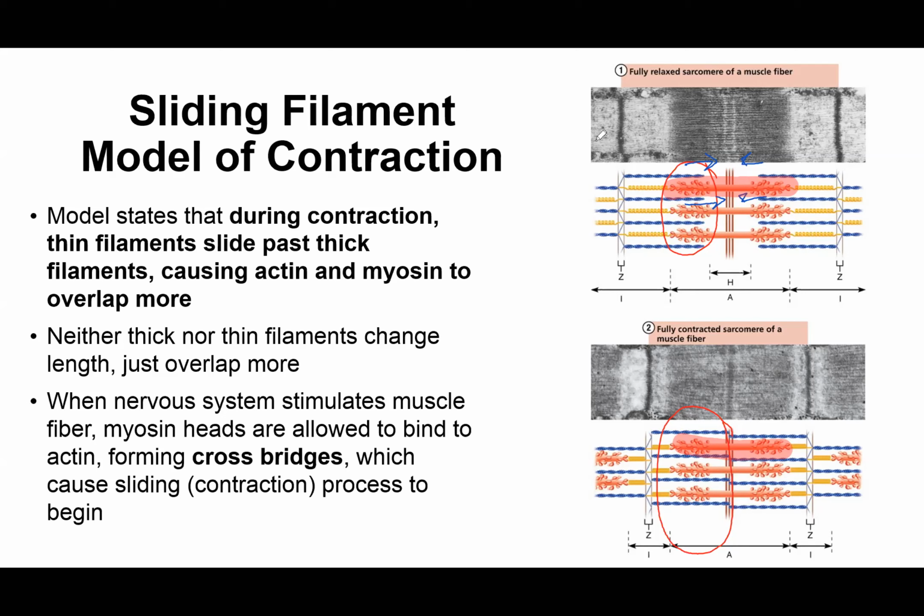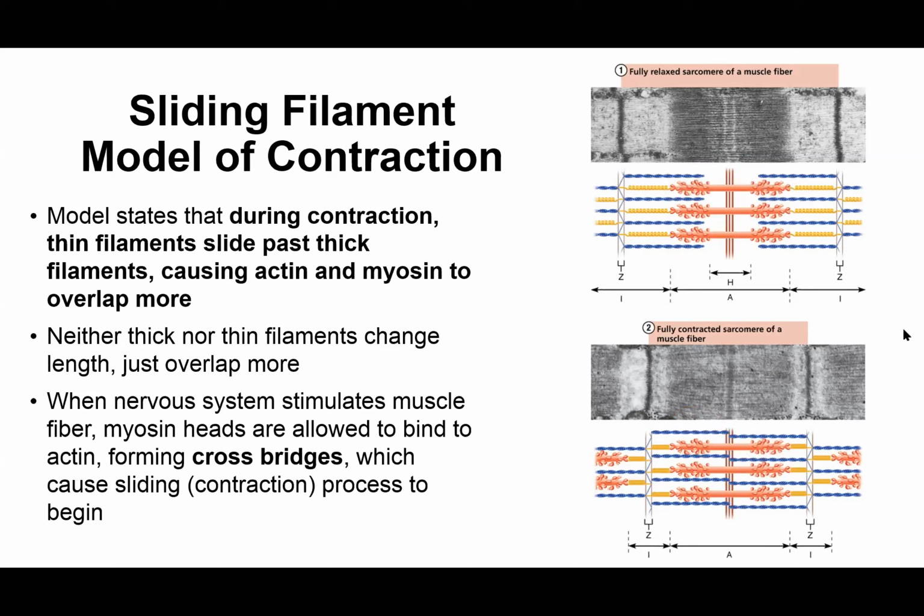If we start here at the Z line, and I highlighted one of the thin filaments, and compare that to the length of the thin filament in this contracted phase, they're the exact same length. The only difference being that in the top picture, they weren't fully overlapped, whereas in the bottom picture, they are completely overlapped.